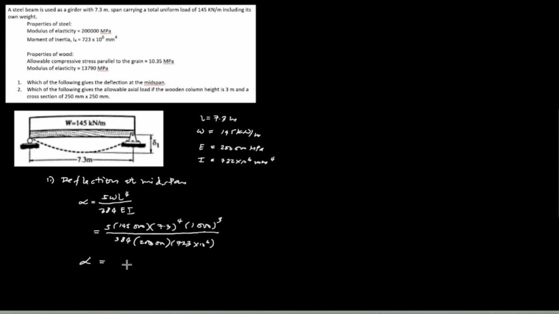So the deflection, so 5 times 145,000 times 7.3 exponent 4, and multiplied by 1000 cube, and we divide by 384, and also 200,000, and 723 times 10 to the power 6. The value for the deflection is equal to 37.08 millimeter. So this is the deflection at midspan.